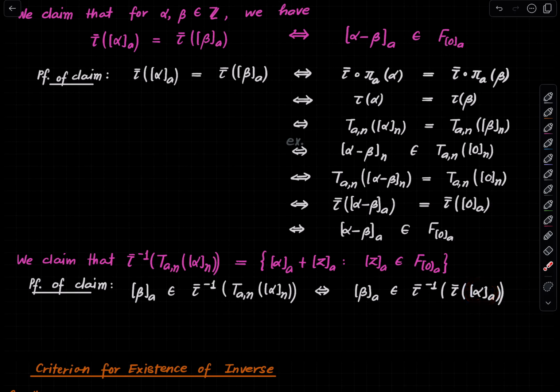So which is to say that this equation is nothing but beta modulo A and alpha modulo A are in the same fiber of tau bar. Right? But now by the first claim, this shows us that beta minus alpha modulo A is here. Right?